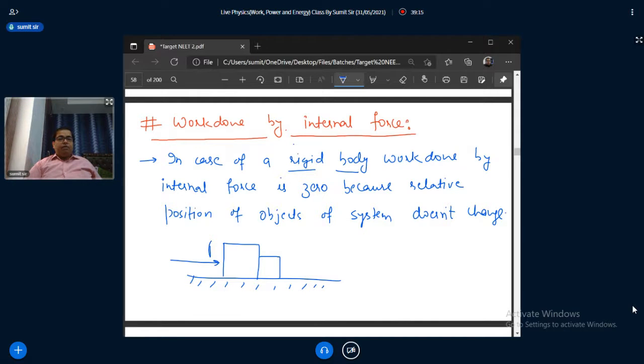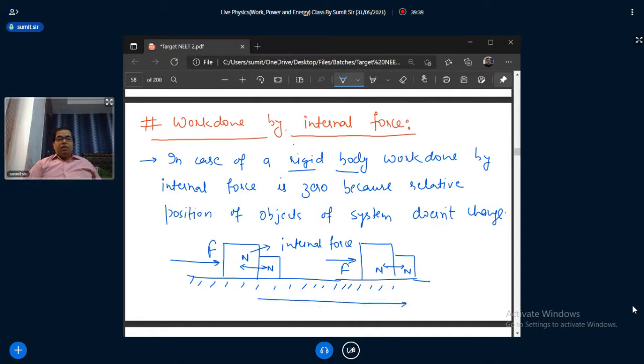if you apply some force, so when you find work done by this normal, this normal is an internal force, and when you push it for some distance, you find the displacement for both is the same in both the cases.